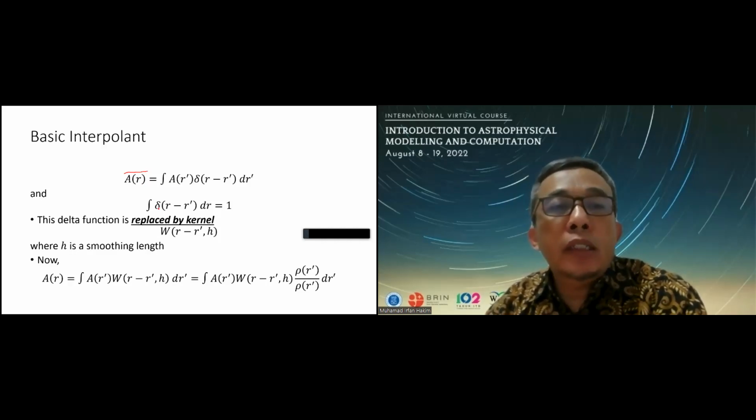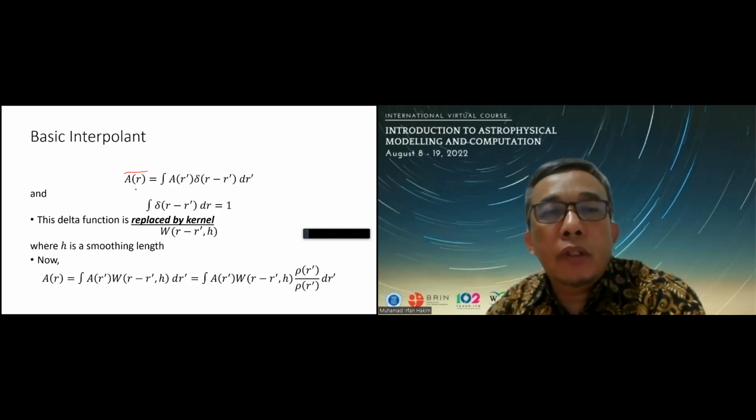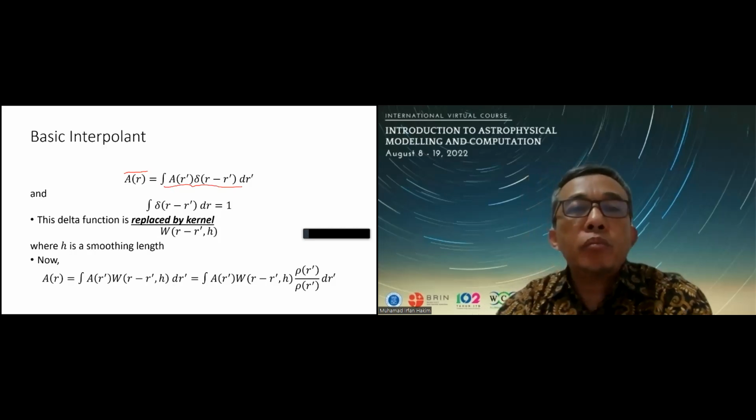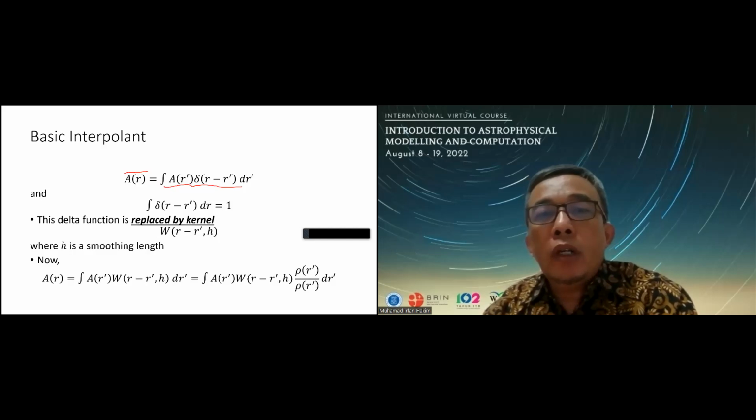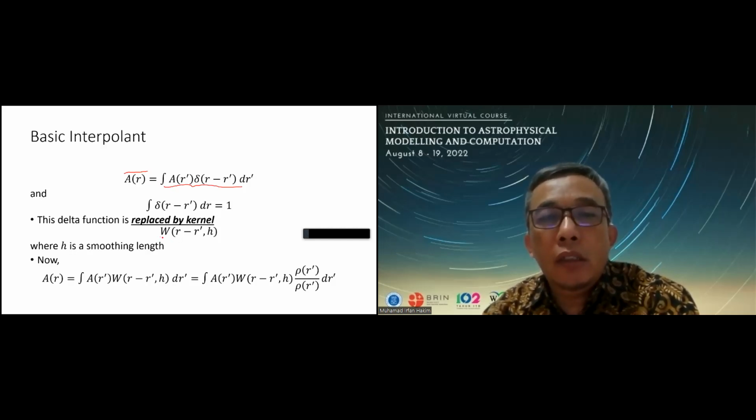The interpolant with the delta function, we use the value of A at r, is computed by this integral. Now, the next step is replacing the delta function by the kernel.